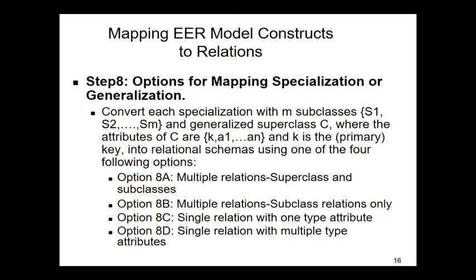So now you have to determine the effort it's going to take to manage this. An example would be if I have a subgroup or a specialization that has one attribute, it makes zero sense to create an entire new relation and link it back to the generalization for one field.